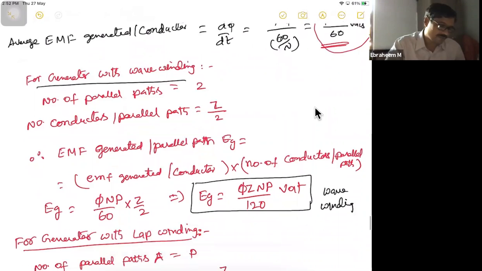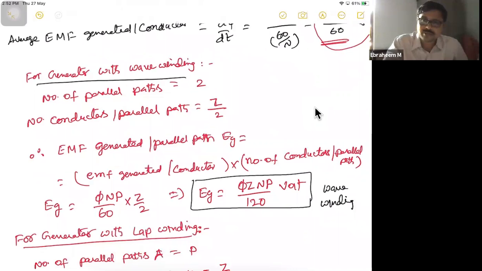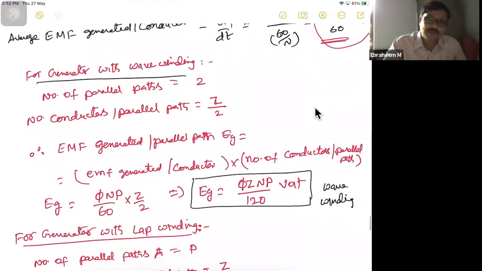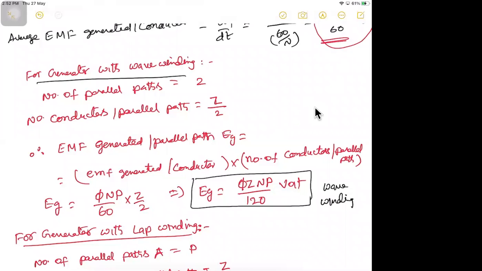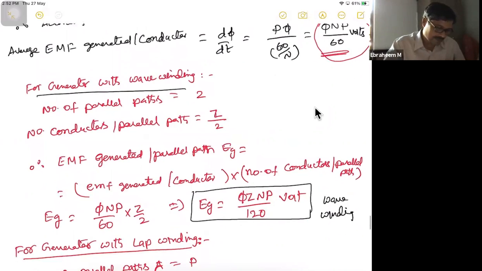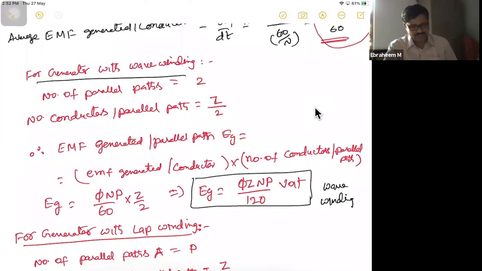For wave winding there are only two parallel paths, and hence we will have only Z by 2 conductors in a parallel path. Obviously the conductors are divided into two groups. So phi N P by 60 multiplied by Z by 2 gives phi Z N P by 120.